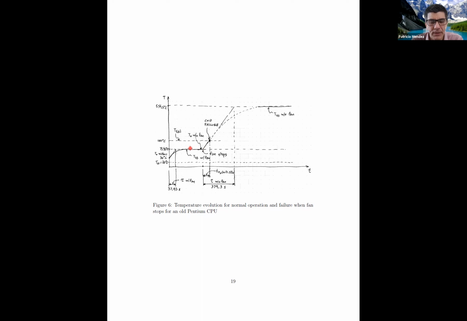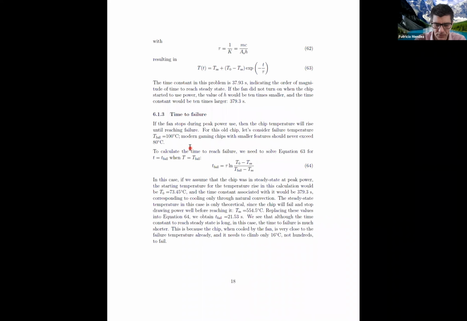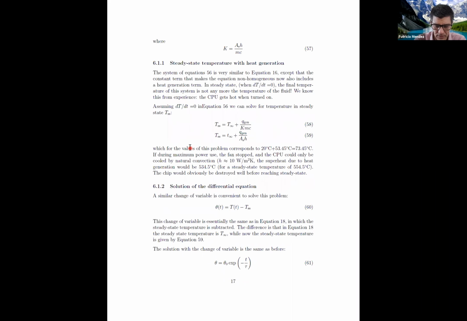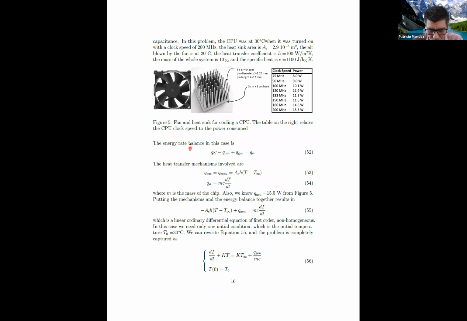And we don't even need to solve the differential equation for that, because in the equation that we wrote, steady state means the derivative of temperature with time is 0. So this term goes away, and this equation is not a differential equation anymore. It's an algebraic equation, and we can solve for temperature from here.